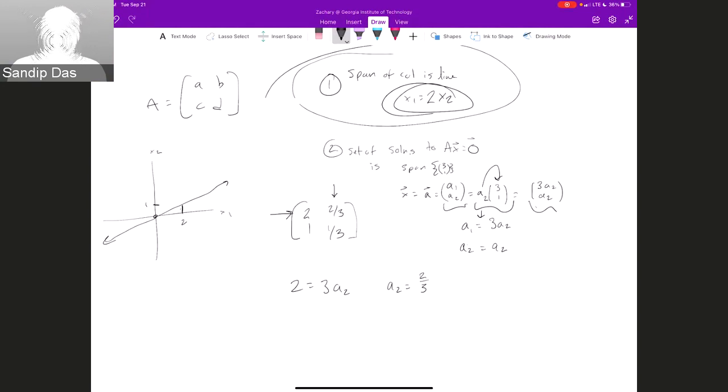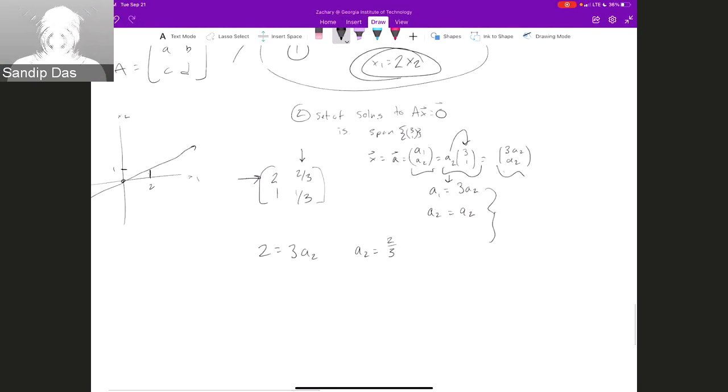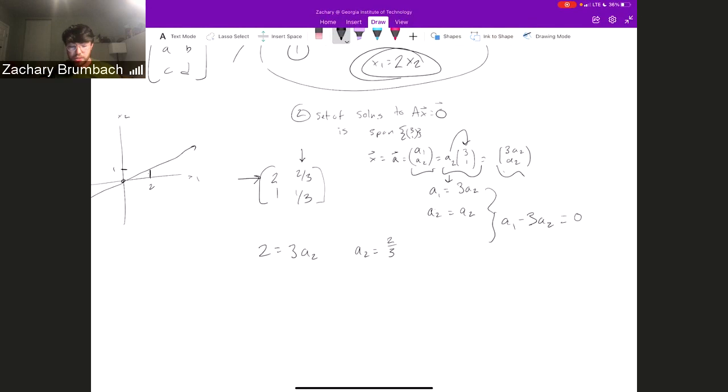Writing it like this, since it's equal to 0, this is the same thing as saying A1 minus 3A2 equals 0. We could solve it this way as well, and if we plug in A1 is 2, we'll still get A2 is 2/3, right? And we'll get A2 minus A2 is also equal to 0.